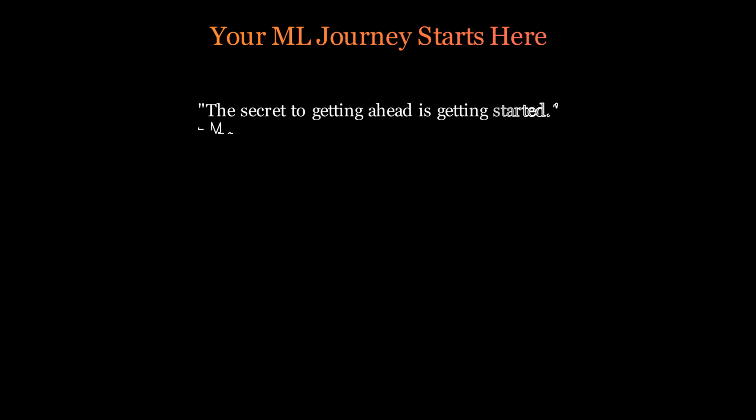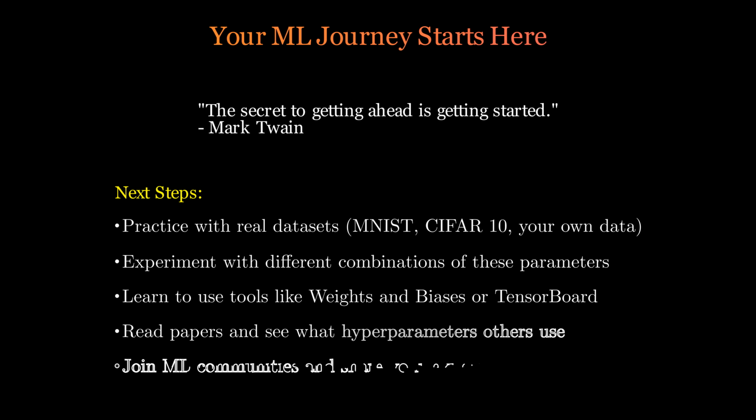Your machine learning journey starts with understanding these fundamental concepts. Epochs, batch size, and learning rate are the building blocks of successful model training. Now you have the knowledge to make informed decisions about these hyperparameters and understand their impact on your models. Remember, every expert was once a beginner.